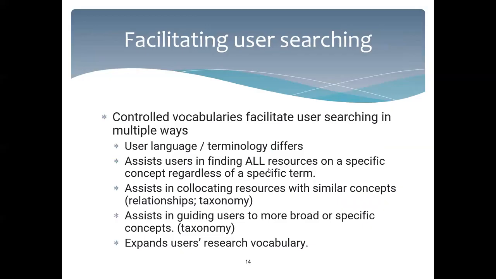I've talked a little bit about how our controlled vocabularies and taxonomies help facilitate user searching. It helps in multiple ways, and this is really the heart of why we're doing this. Probably all of us love to organize, and it's being able to see how the controlled vocabulary works and the hierarchy and be able to follow that hierarchy.